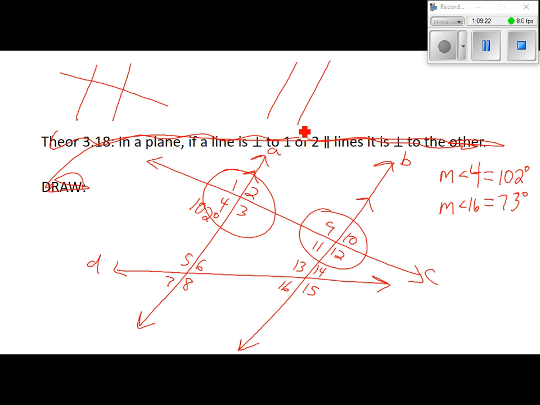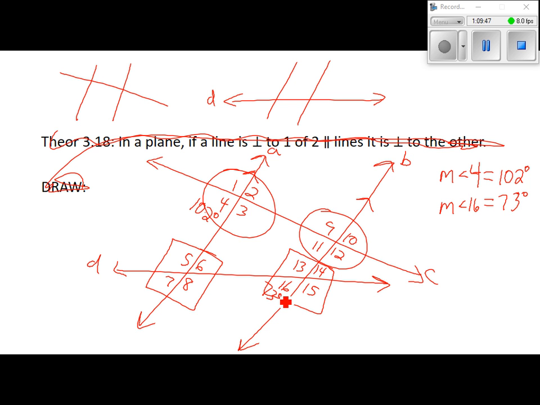So if you want to deal with these angles down here, what transversal do we need to use? The bottom ones. D. So we use D as our transversal then. And then we go with that, and we know angle 16 here is 73.